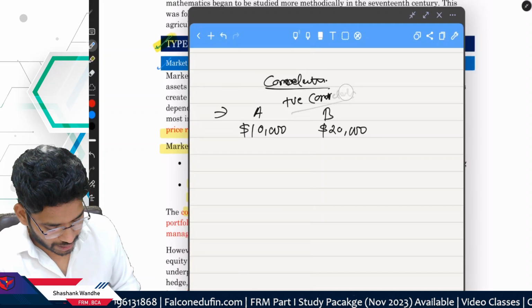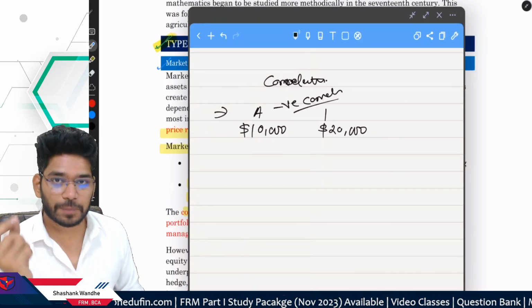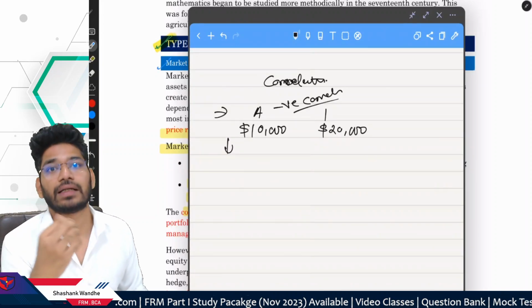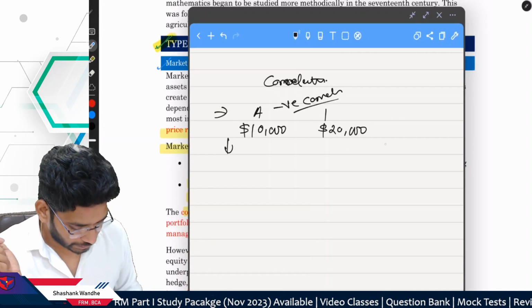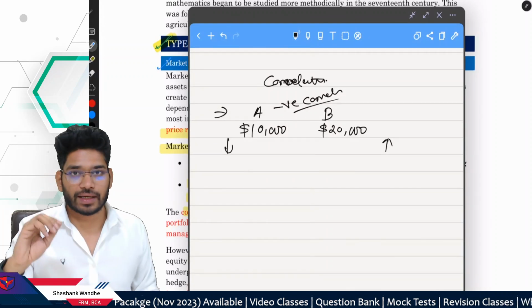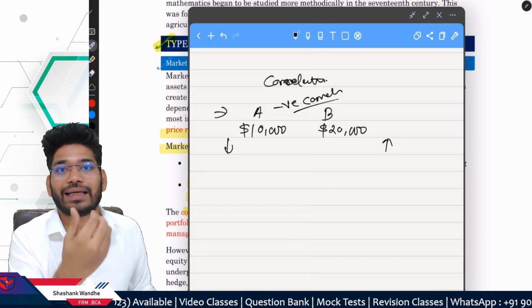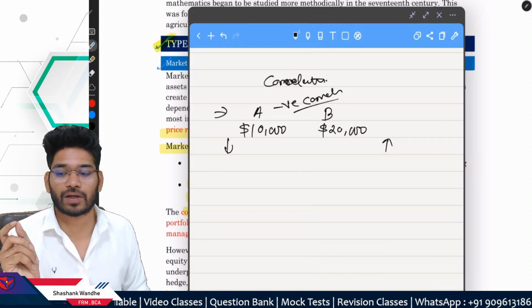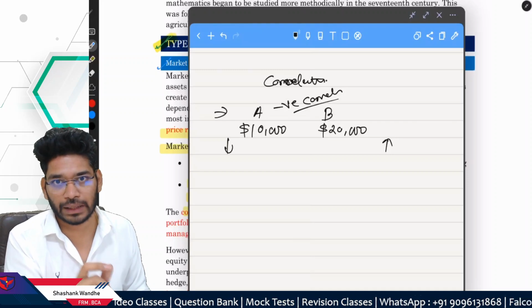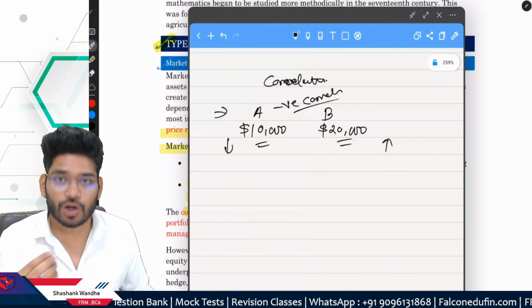On the other hand, if there is a negative correlation, this means if the price of A falls, then B's price will increase. Simple. Now here, you are generating losses from A, but at the same time you are generating gains from B. Why is this happening? Because there is a negative correlation. With this negative correlation, you can manage the risk of losses.